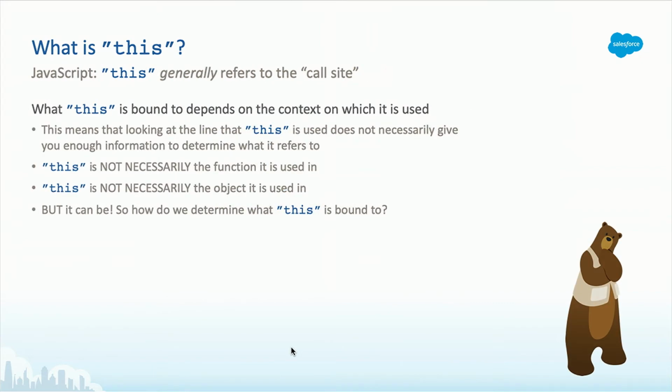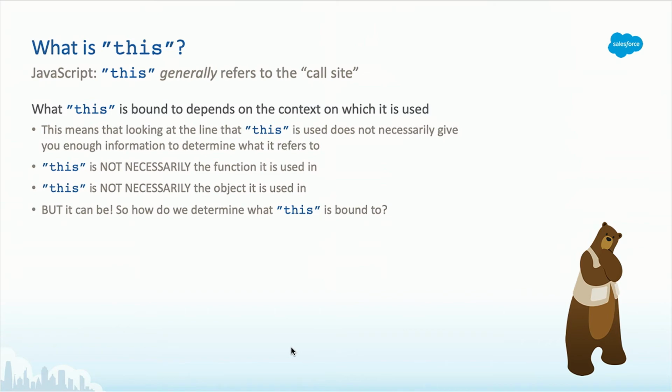Whenever you look into the this keyword, it's often said that it's supposed to represent the call site. But what does that actually mean? Well, what the this keyword is bound to depends on the context in which it's used. Just by looking at a function that contains the this keyword does not necessarily give you enough information as to what it refers to. It's not necessarily the object or the function it is used in, but it could be.